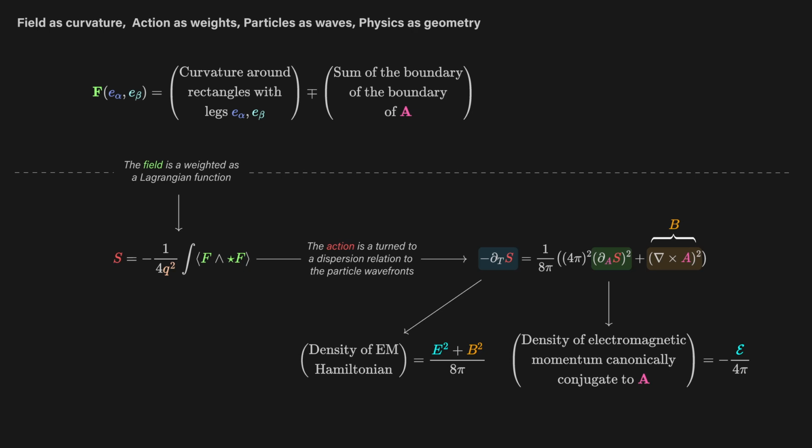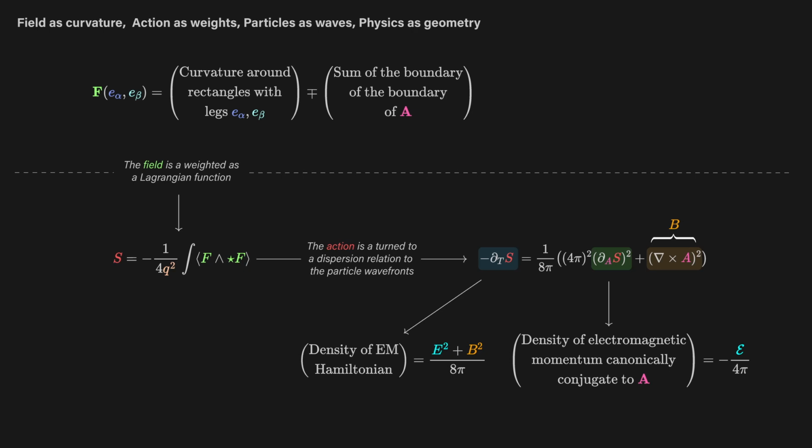So the Faraday tensor can really be seen as the curvature around some rectangles with legs given by the basis vectors alpha and beta, plus the sum of the boundary of the vector potential. Now we've seen that the boundary of the boundary is zero, so this term vanishes, and so we really only need to care about the curvature.